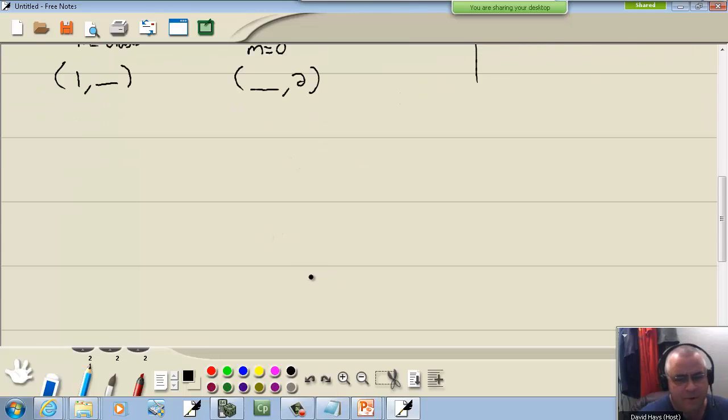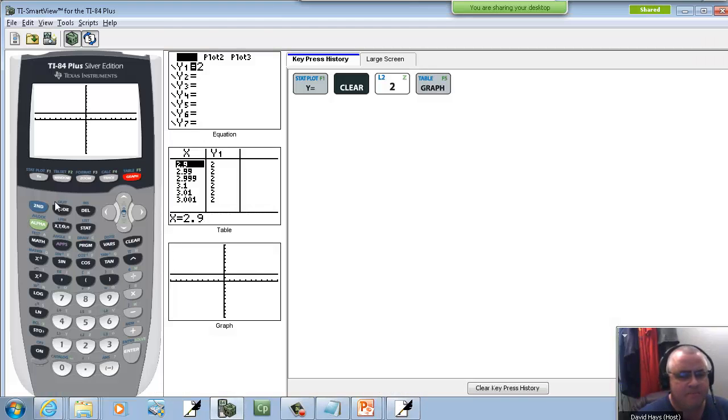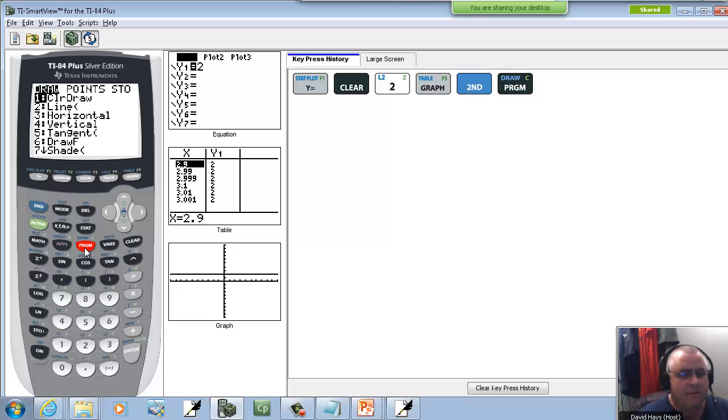Now don't get me wrong, you can graph a vertical line on your calculator, but first you have to know it's vertical. And if you know this is going to be vertical, you might as well just go ahead and draw the line at 2. If you're real curious to put a vertical line on your calculator, it's under the draw menu. Do second program and choose vertical.